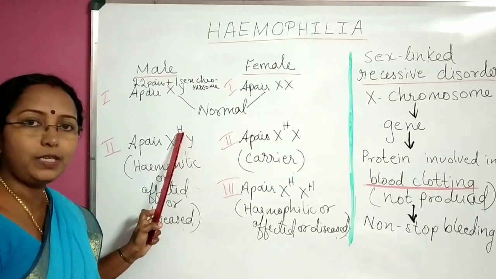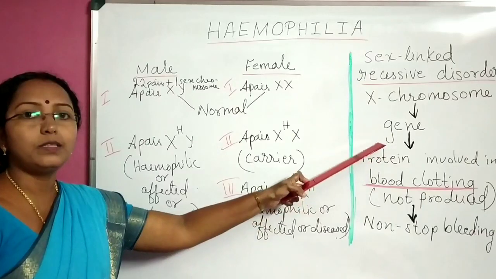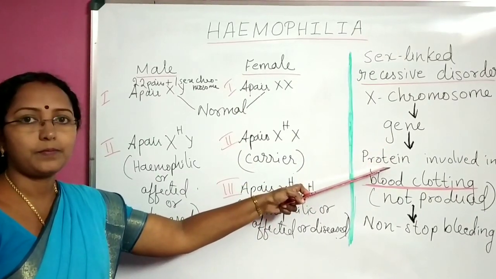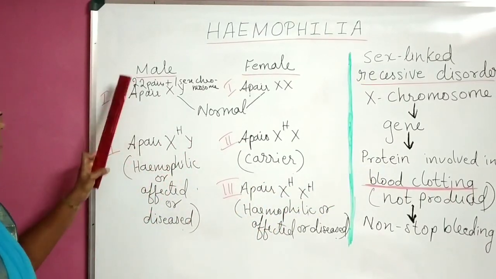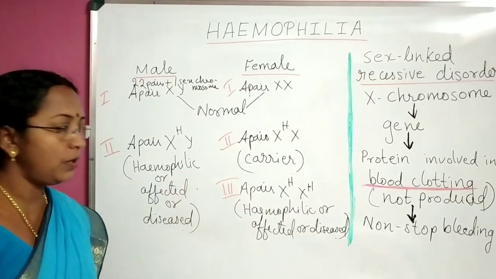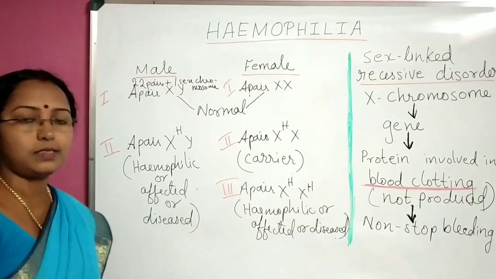It is haemophilic. It is not having the gene to produce the protein, or the gene is not functioning. It is not producing the protein. So XHY means the male is haemophilic, or it can also be written as the male is affected or the male is diseased.